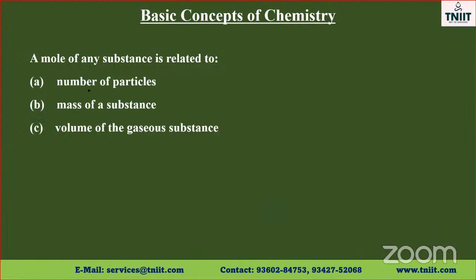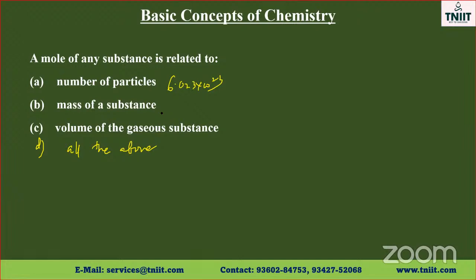Now, some of the questions we will learn. A mole of any substance is related to the number of particles, the mass of the substance, and the volume of a gaseous substance. The answer should be all the above. 1 mole of any substance is related to the number of particles. So if it contains 6.023 into 10 power 23, it is called 1 mole.